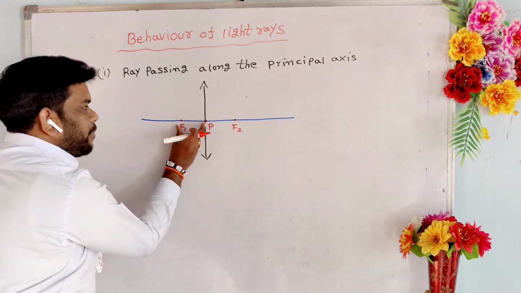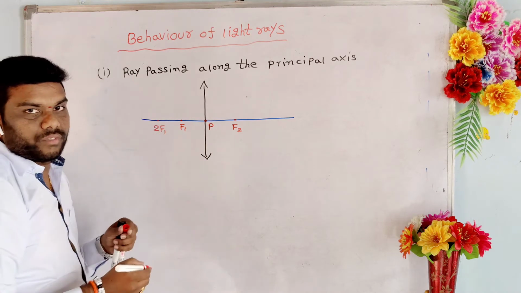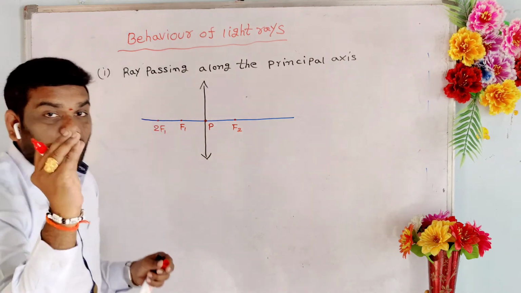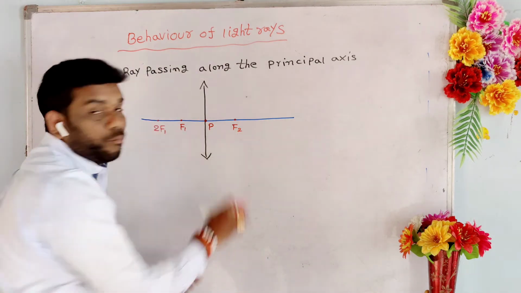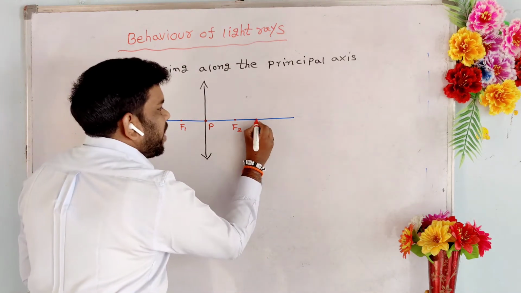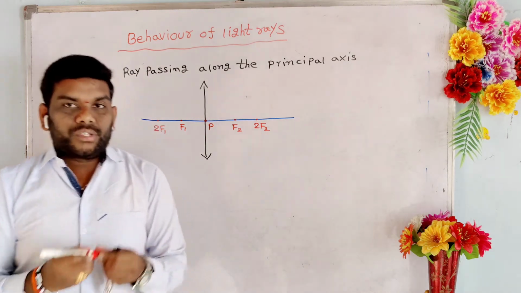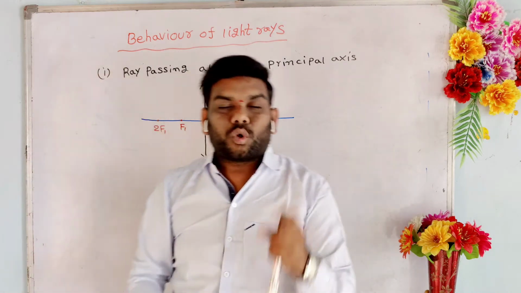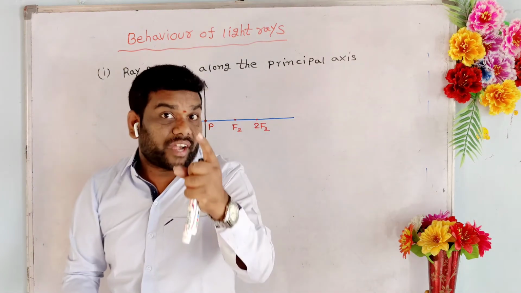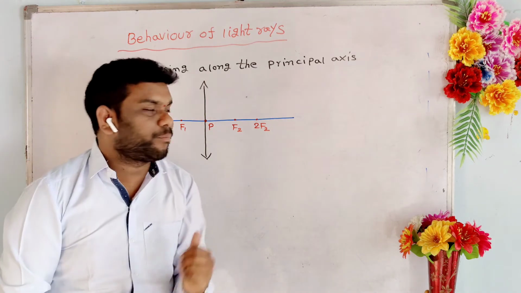Double this distance is considered as 2F1. 2F1 means center of curvature, F1 means focus, F2 means focus, and 2F2 also means center of curvature. So finally, lenses have two focal points, two centers of curvature, and two radii of curvature. Please remember this point, it is very important.